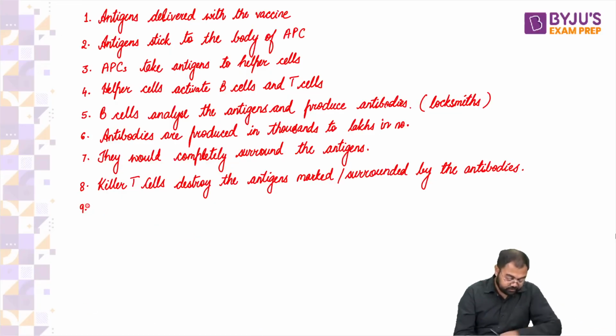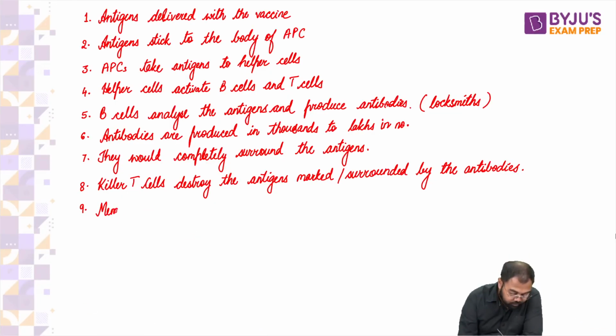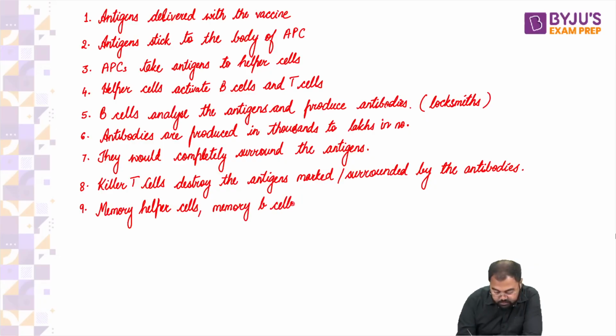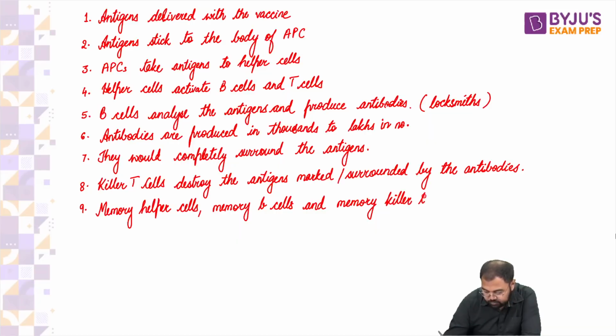So the next thing is that memory helper cells, memory B cells, and memory killer T cells are created.